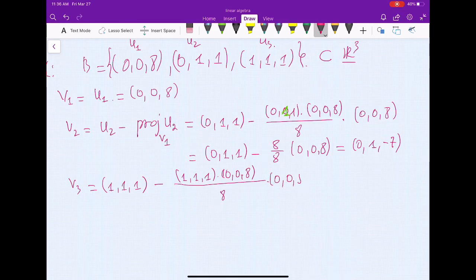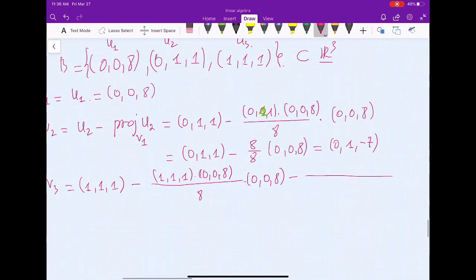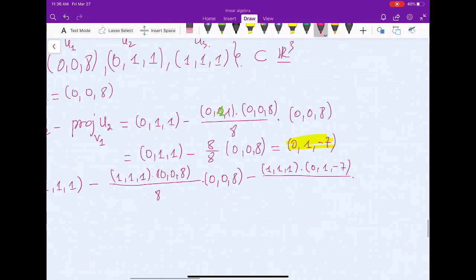Times (0, 0, 8), minus another orthogonal projection: (1, 1, 1) dotted with (0, 1, -7). You see, I have to pick this vector, right? And divide by the norm of this vector squared. So I have 1 squared plus 7 squared, times (0, 1, -7).